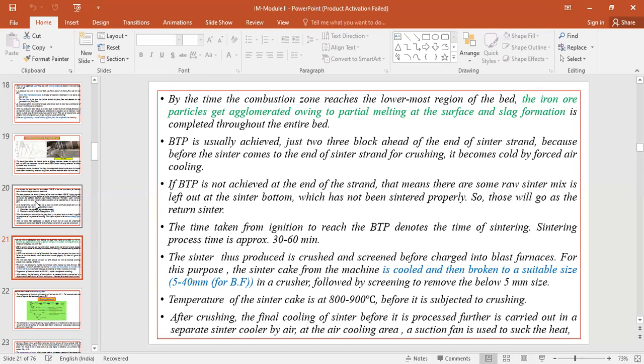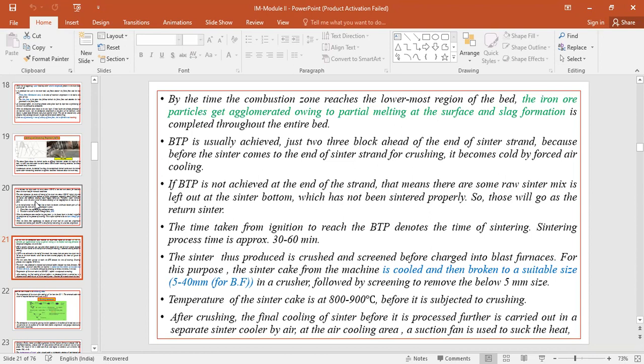After crushing, the final cooling of the sinter before it proceeds further is carried out in a separate sinter cooler by air cooling. I told you that this cooling of the sinter basically takes place on an annular moving bed, and the suction basically takes place from the top.